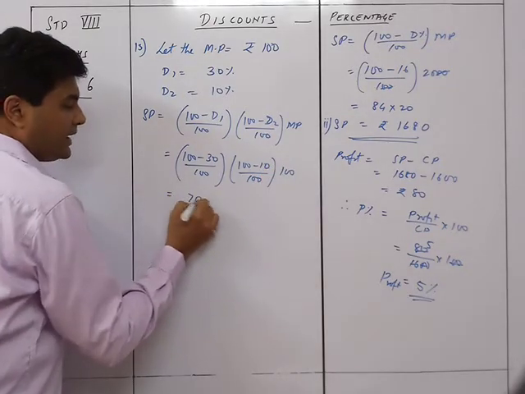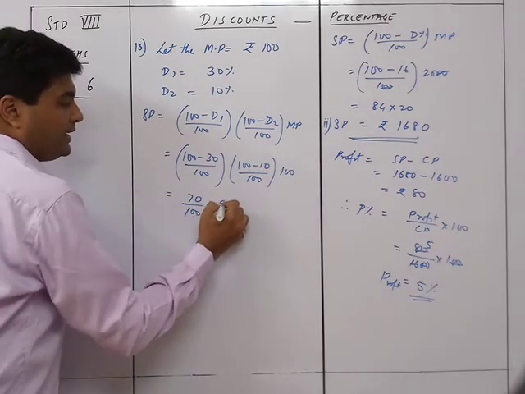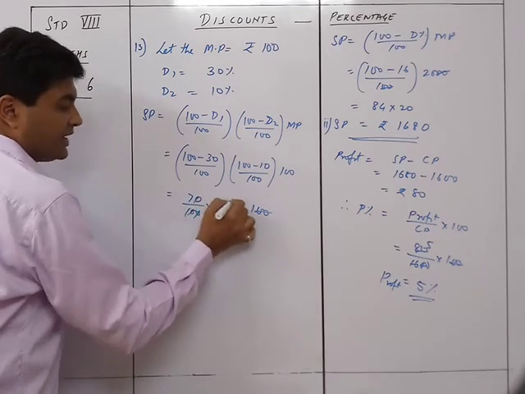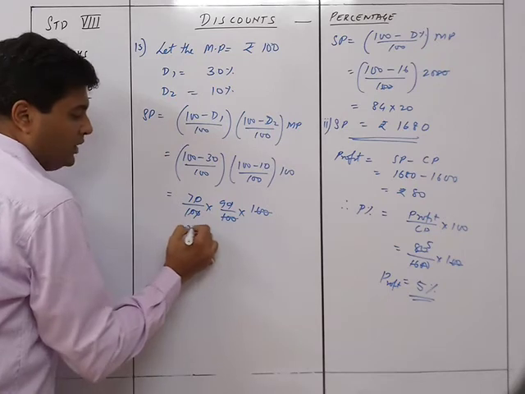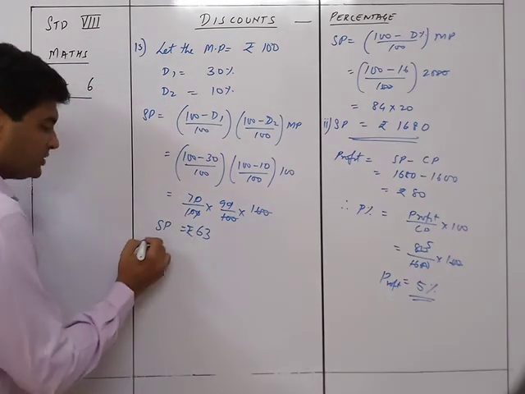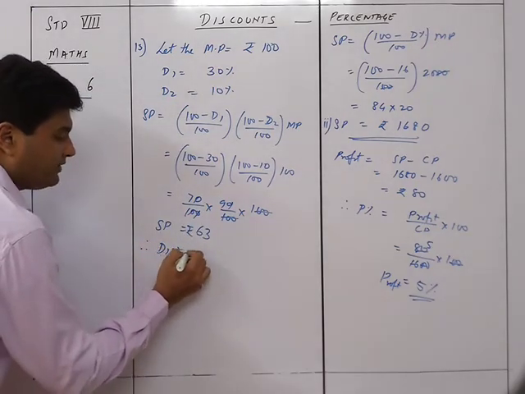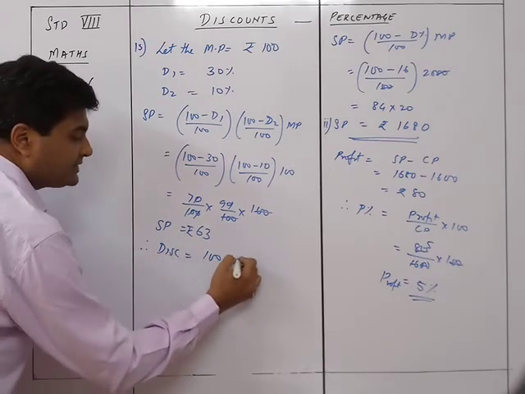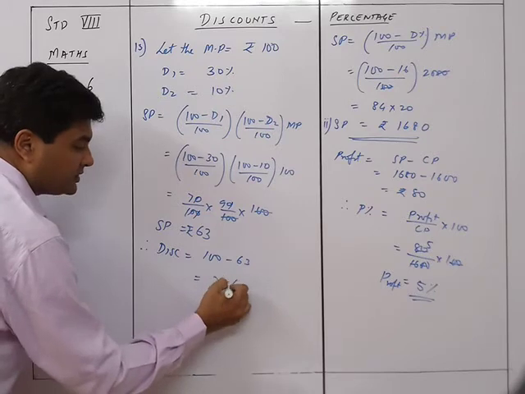So it is 70 upon 100 into 90 upon 100 into 100. So the 100 cancels, the zeros cancel. That is 63 rupees. So the person is paying 63 rupees. Therefore discount is 100 minus 63, which is 37.